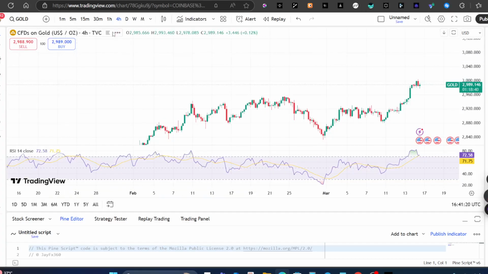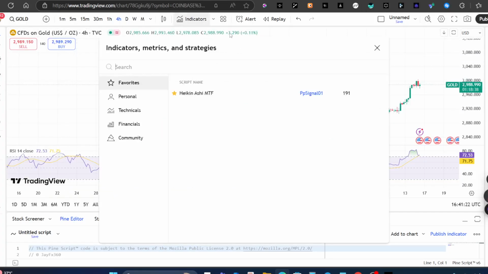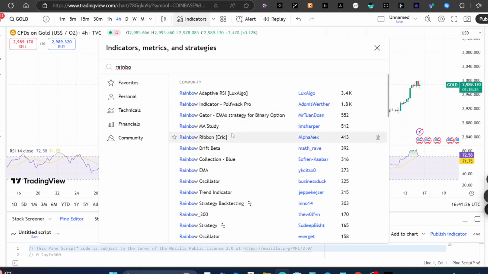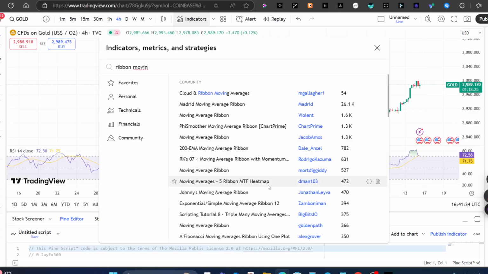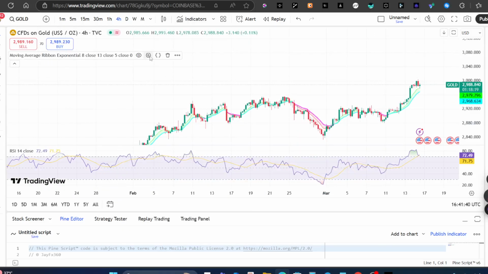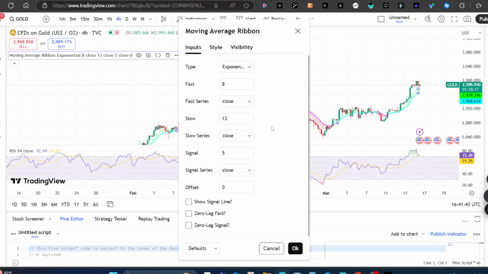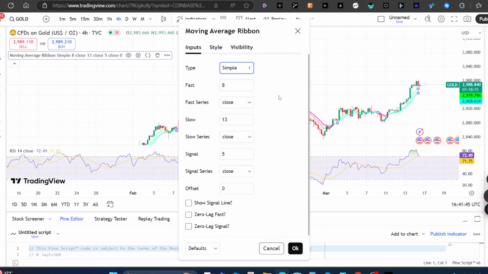So I'm just going to use the ribbon moving average and edit it to give me the 9 and 21 SMA.